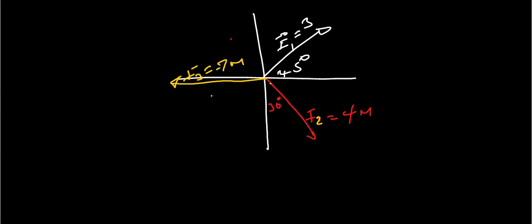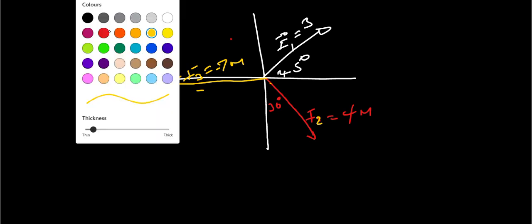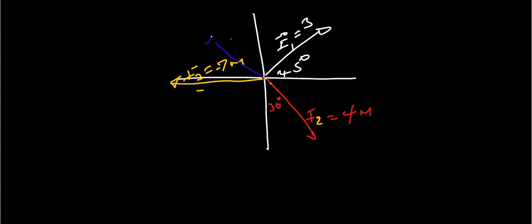Remember, it's negative because it's in the negative direction. And then we also have another force, which is also acting in this direction. So let's say we have been given 60, no, let's say 30 degrees, and it also has the magnitude of 8 Newton.